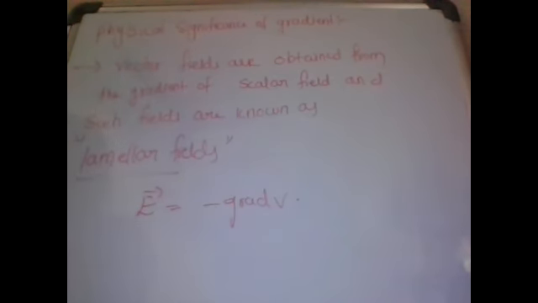For example, electric field intensity equals negative gradient of potential. This is the third point. So in total we have three points in the physical significance of gradient.